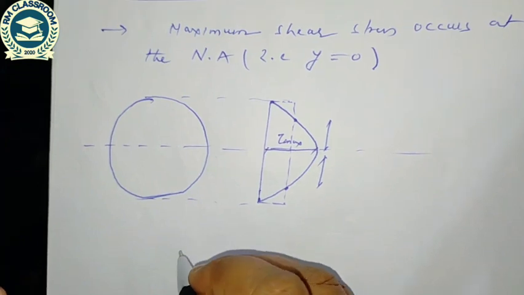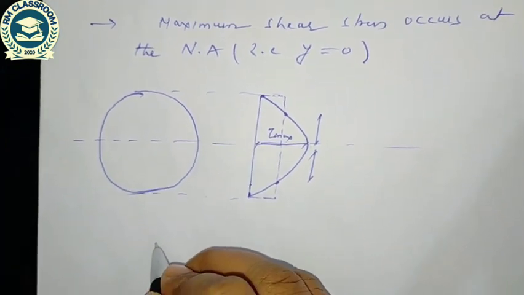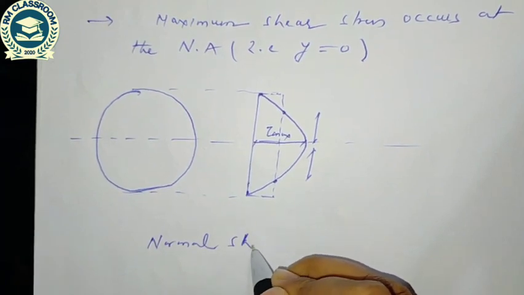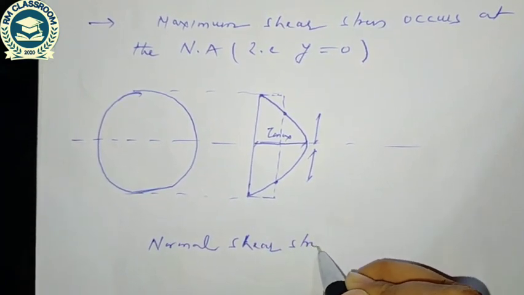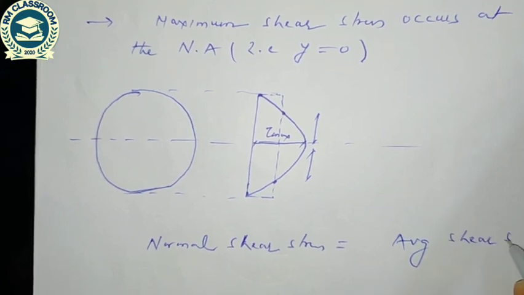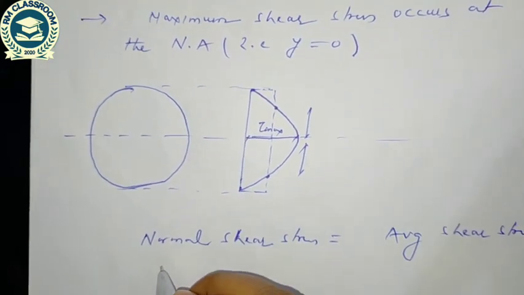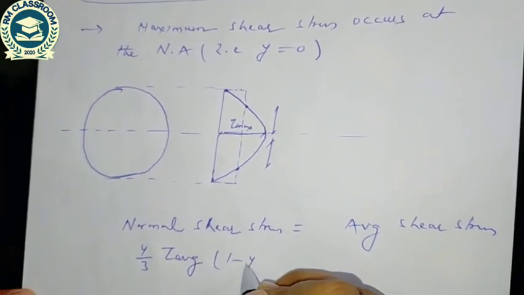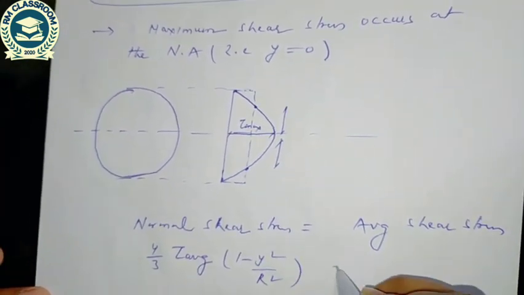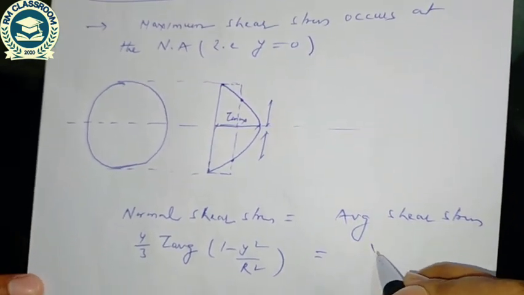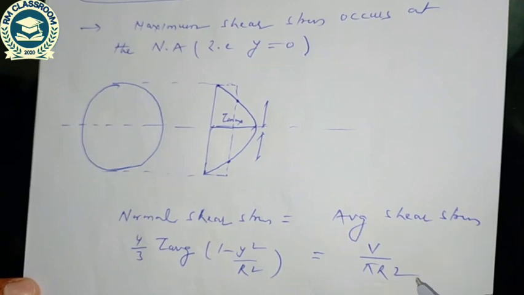Normal shear stress is how much? Normal shear stress is equal to average shear stress. Normal shear stress is 4 by 3 tau average into 1 minus y square by r square, and average shear stress is V by pi r square.